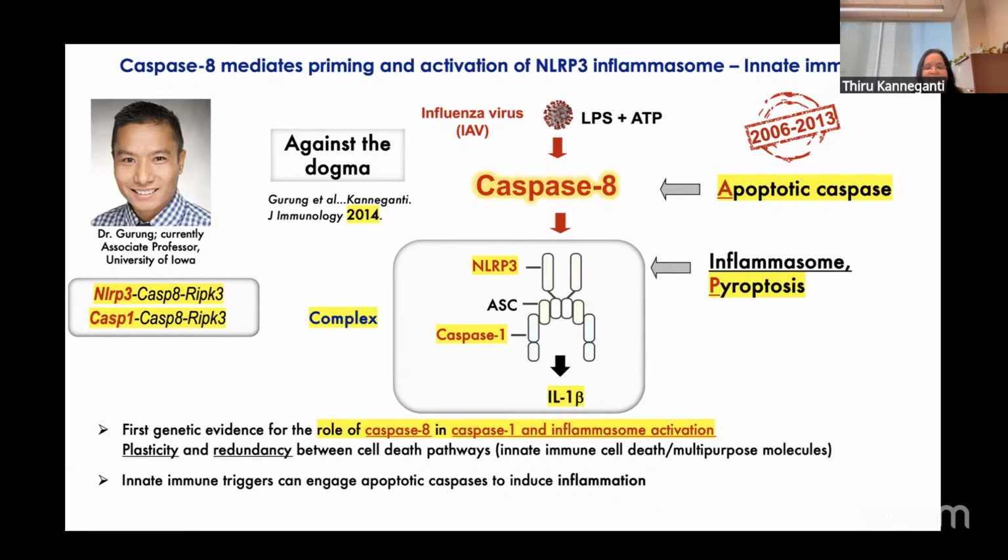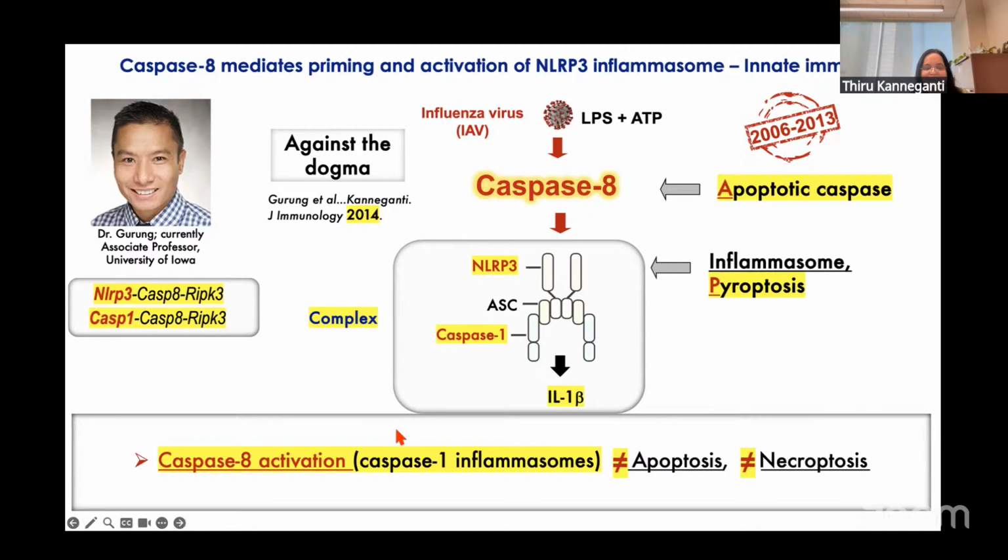So I think the key factor here is, we always think that caspase-8 activation means apoptosis. Our data told us that it's not. Caspase-8 activation in a lytic condition, if the cell is dying in a lytic way, is not apoptosis, because apoptosis is a non-lytic, non-inflammatory pathway.